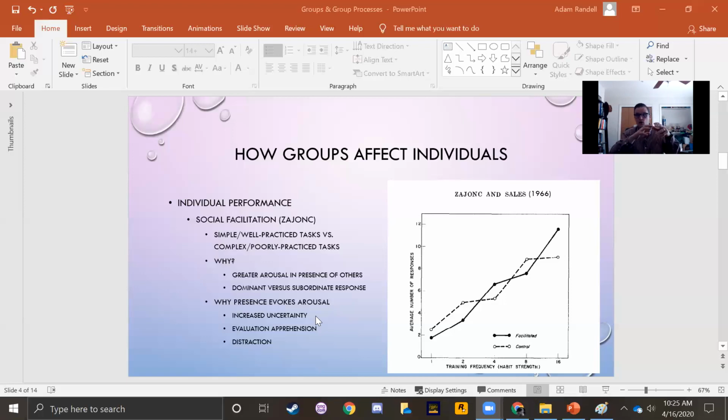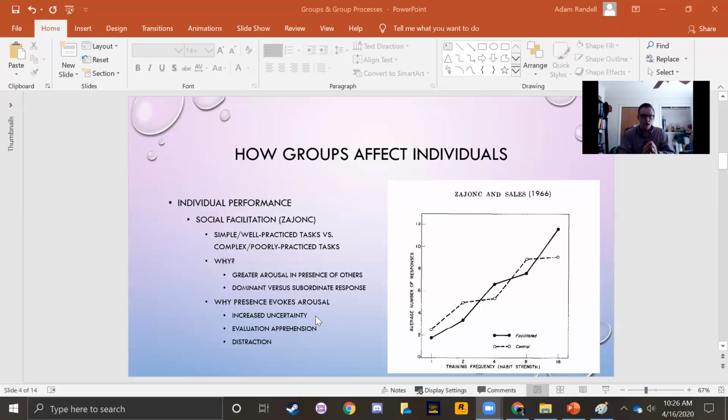And so whether we're talking about evaluation apprehension, you're apprehensive, you're worried about how someone might evaluate you, whether it's increased uncertainty created by the presence of others because you just don't know what they're going to do, or the distraction that they may cause because of the little things they may do, whether arousal grows for each of these reasons, once arousal grows, well-practiced tasks are facilitated, poorly practiced tasks are impaired.